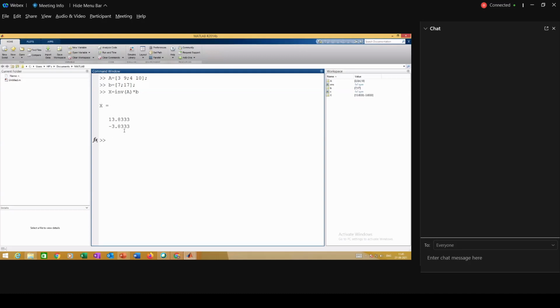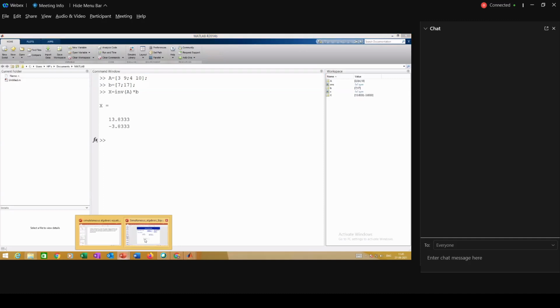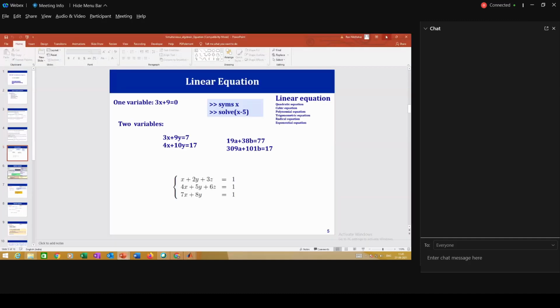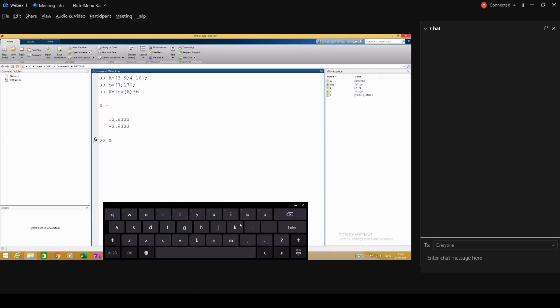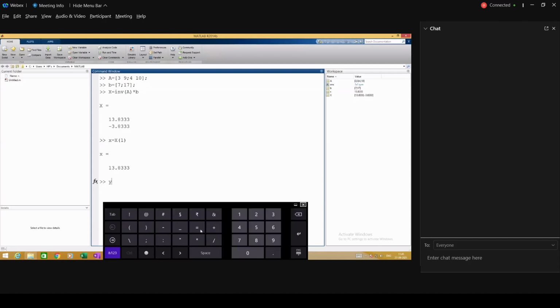The first element in my equations was x, so I got the value of small x equal to capital X of 1, and y equal to capital X of 2.